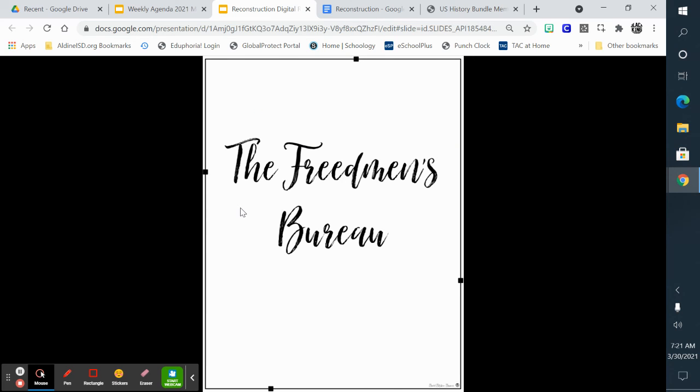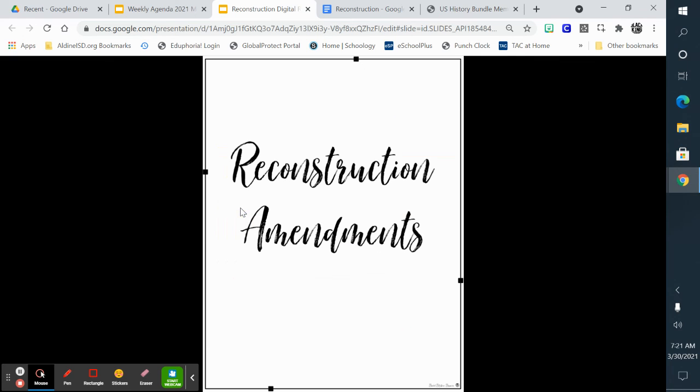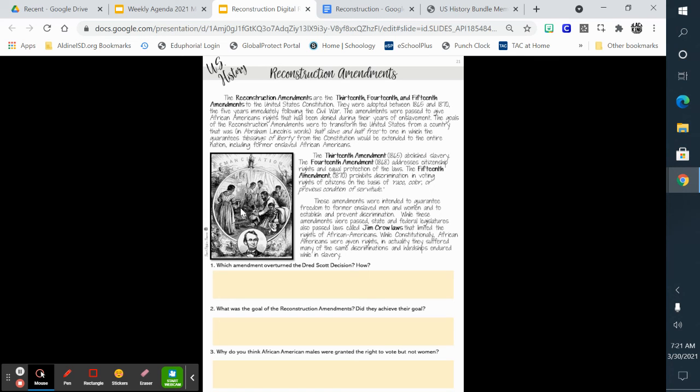All right, guys. So in review, we talked about the Reconstruction Amendments. That was the 13th, 14th, and 15th Amendment. We talked about the key people, Andrew Johnson, Hiram Rhodes Revels, and Abraham Lincoln. Remember, we used the term free citizens vote.